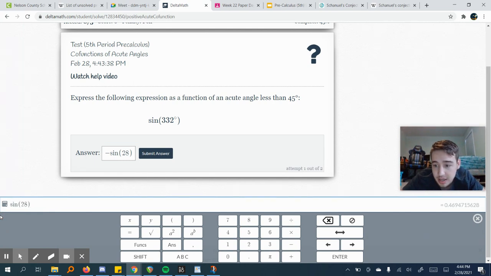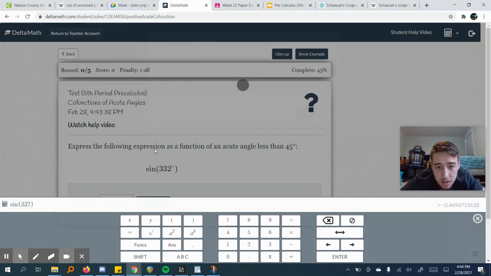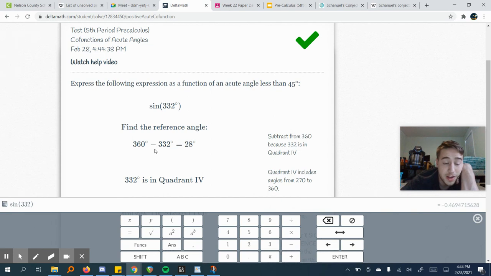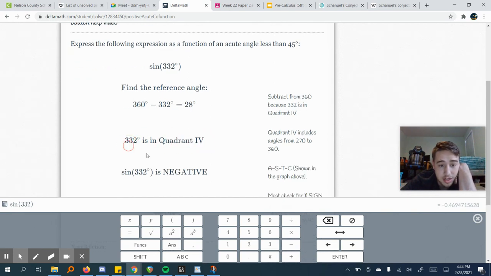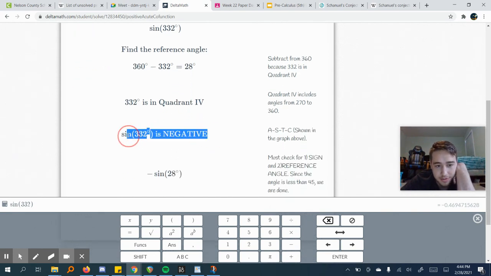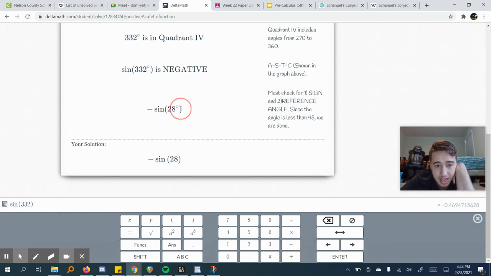Sine of 28 is this. Negative sine of 28 is that. Positive sine of 332 is the same thing that we're looking for. We nailed it.